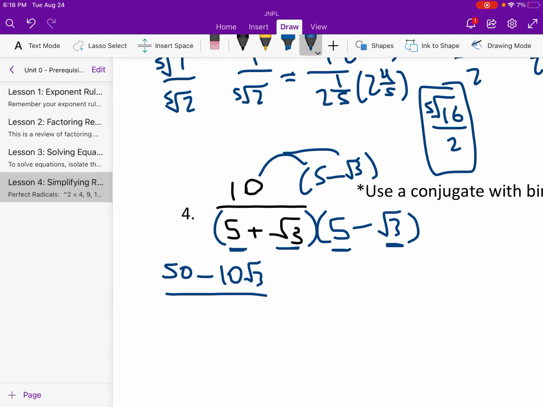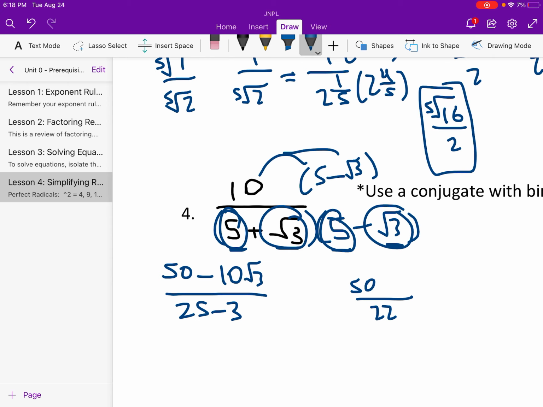So really, the steps are that you just multiply these, then you multiply these, and make sure you have the right sign. But you usually would get no roots. Well, yeah, of course you wouldn't, because that's why we did that. You won't get roots. So 25 minus 3 is 22.